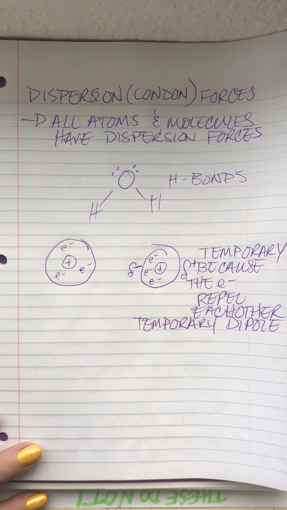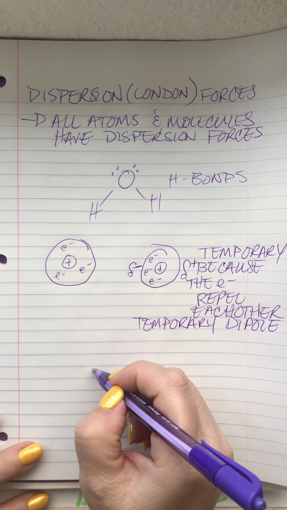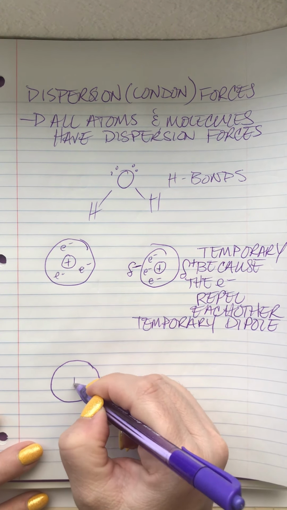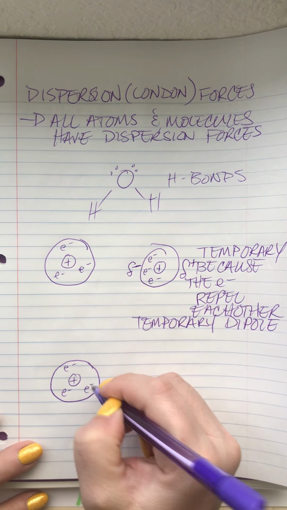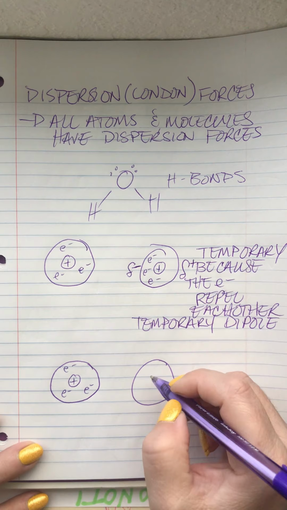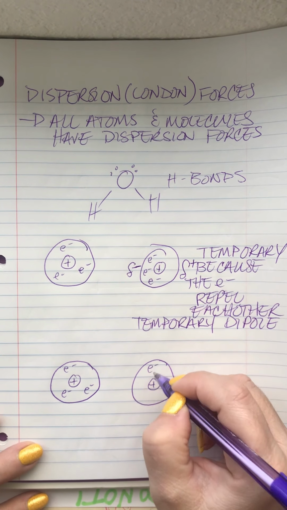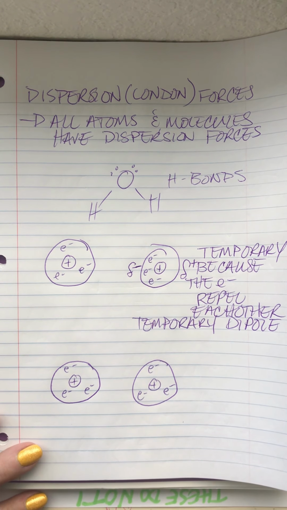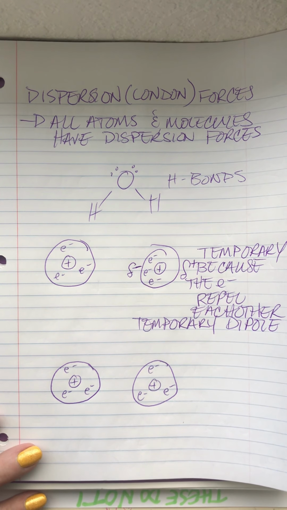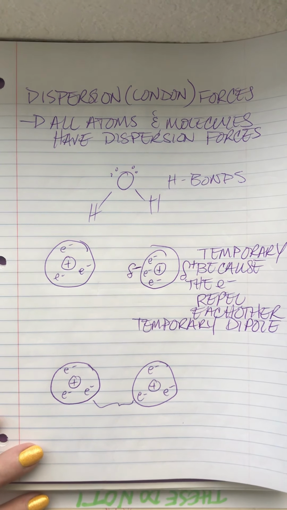Yeah. Cool. So you can imagine if we have two atoms, right? That if we bring those two atoms together, what's going to happen to the electrons when we bring these guys closer together?